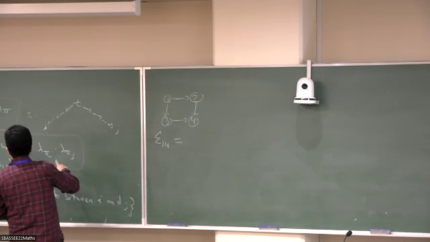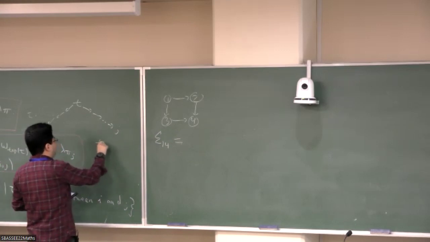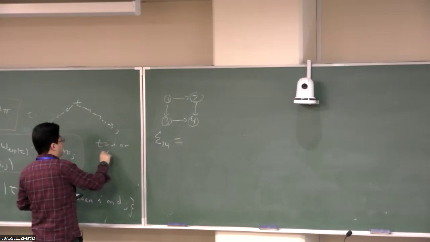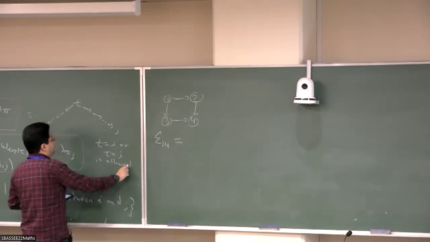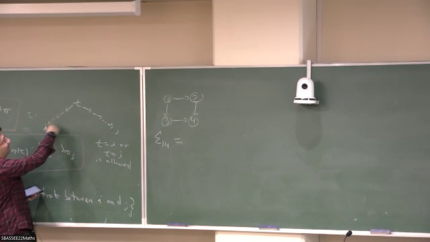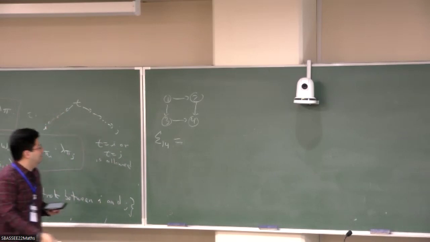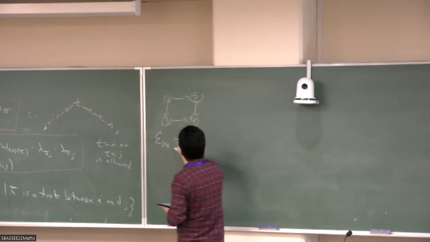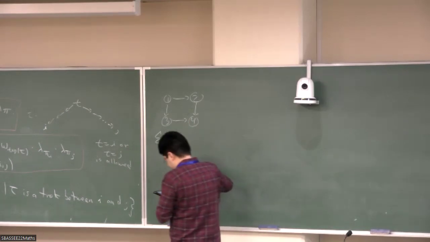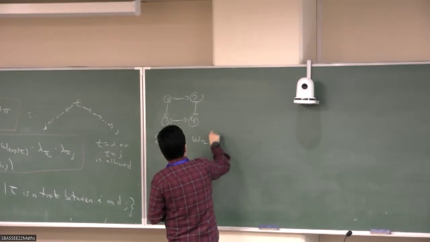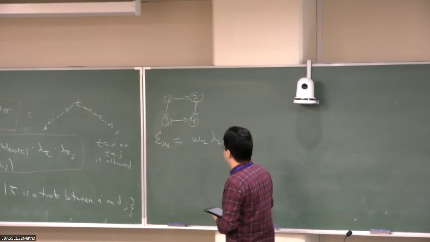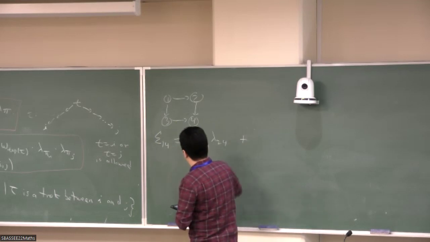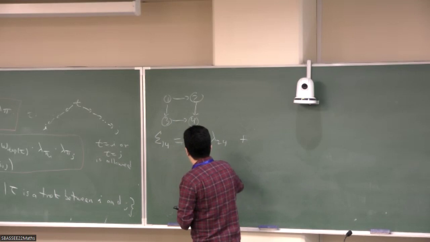Here it's important to note that T equals i or T equals j is allowed. So you are allowed to have an empty left side or empty right side. So just a directed path would also work. This is the first entry that appears here: omega 2 lambda 2 4 is the first monomial, corresponding to just the directed path 2 to 4.